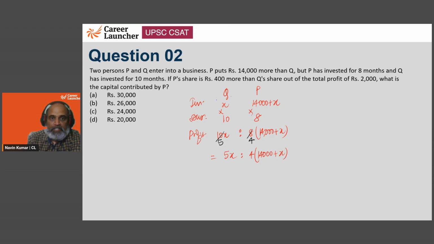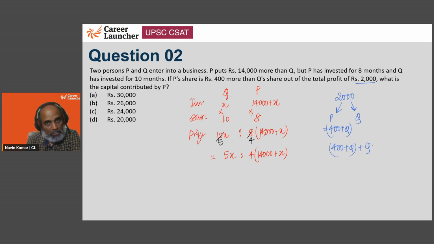Now, we are also told that total profit was 2,000, out of which Q received a certain share and P received a share which was 400 more than Q. So basically, we can say that 400 plus Q, that is P's share, plus Q's share of the profit, entirely is 2,000. So we will get 2Q is equal to 2,000 minus 400, which is 1,600, or Q is going to be 800.